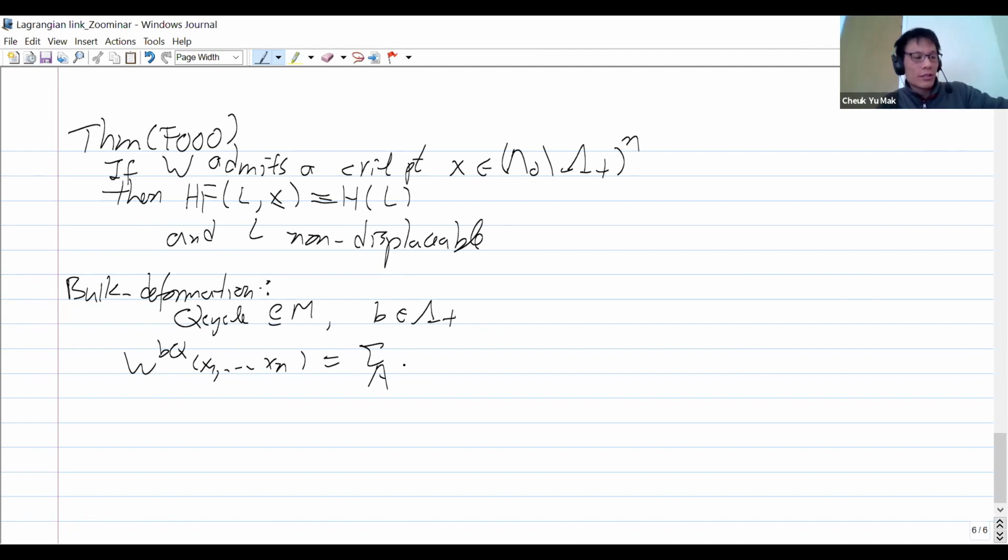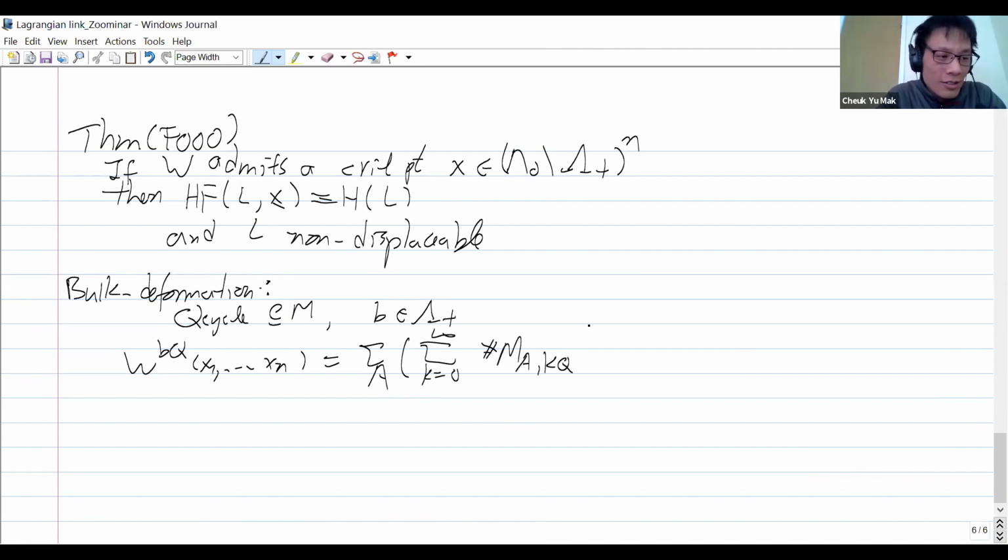The contribution of a holomorphic disk will be modified by this bulk. I assume Q is a codimension 2 cycle, and it will look something like the following.